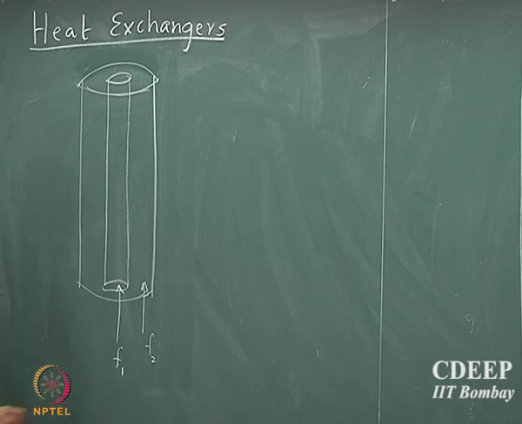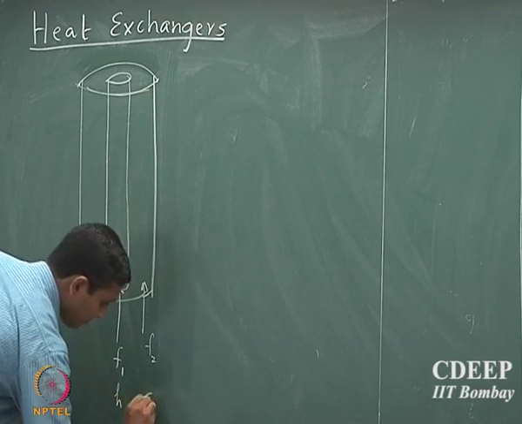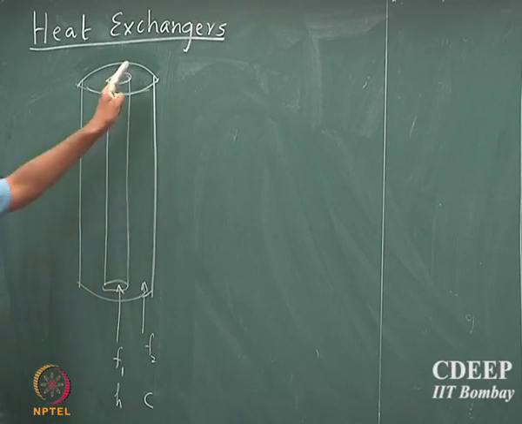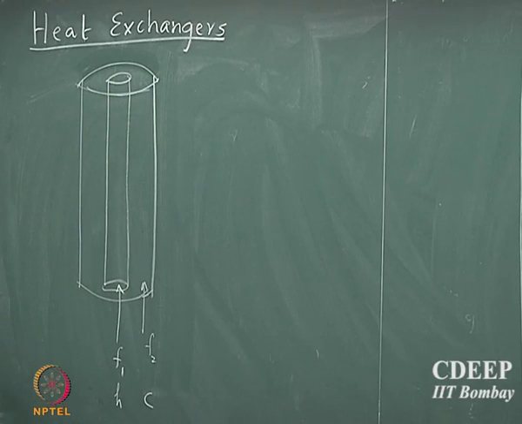I use subscript H to refer to hot fluid and subscript C to refer to cold fluid. So, let us assume that the fluid going through the inside tube is the hot fluid, and the fluid going between the concentric cylinders is the cold fluid. Okay. So, you expect that there is heat transport from inside to the outside.